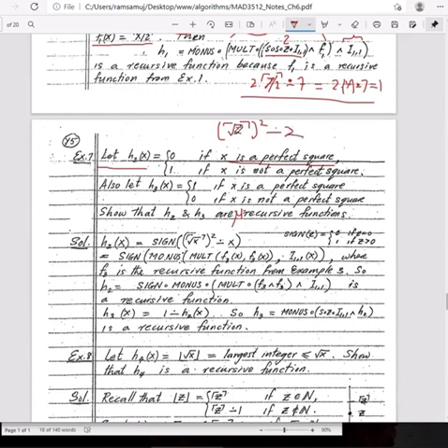Now, square root of 2 is 1.414, so this becomes 2 squared minus 2. Why did I put 3 there? God knows what. 2 squared, minus 2, which is 2.